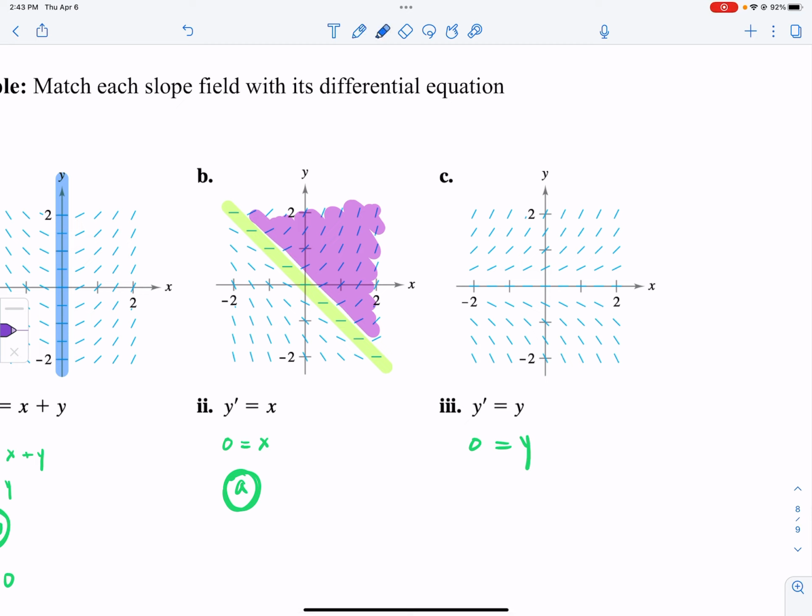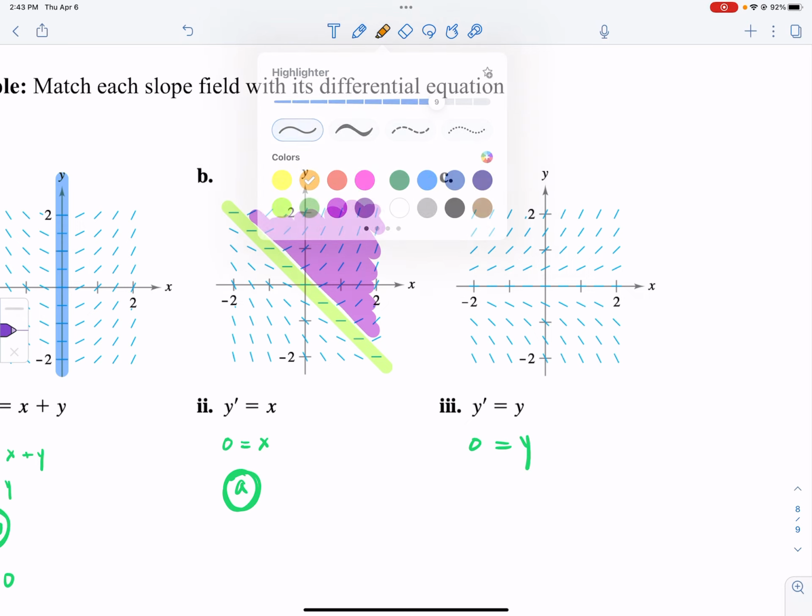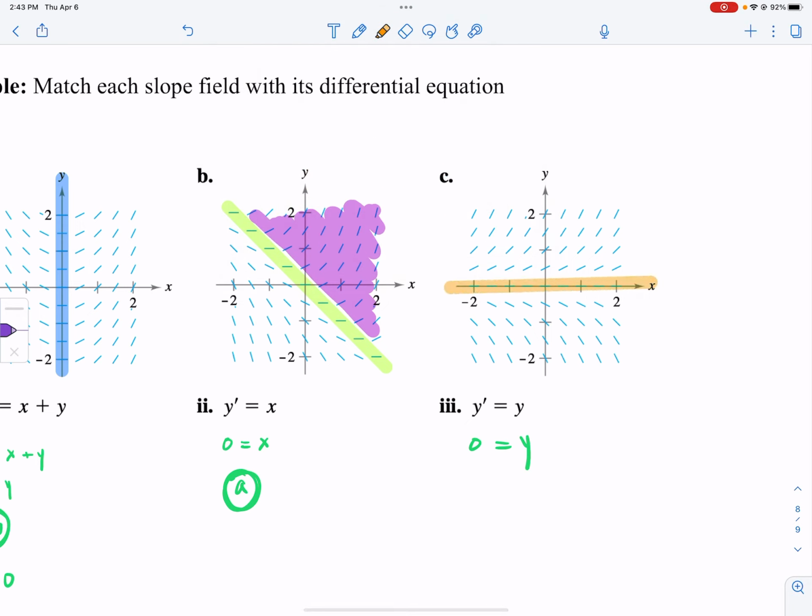Looking at that last graph, we can see along y equals 0 is where the horizontal tangent lines are. So that matches with C.